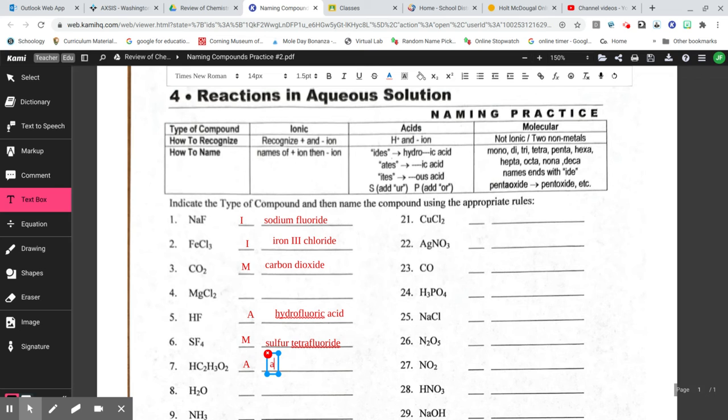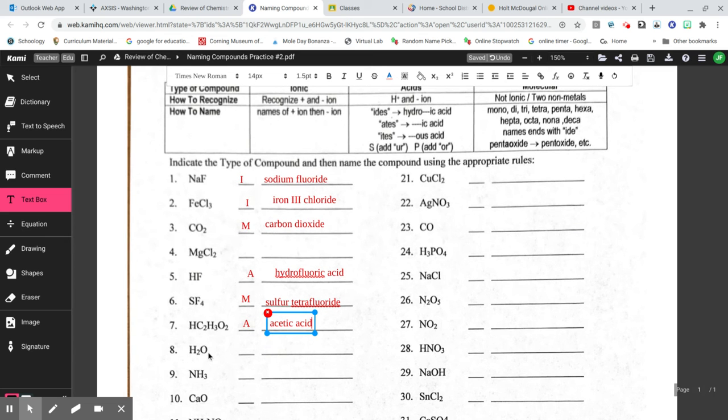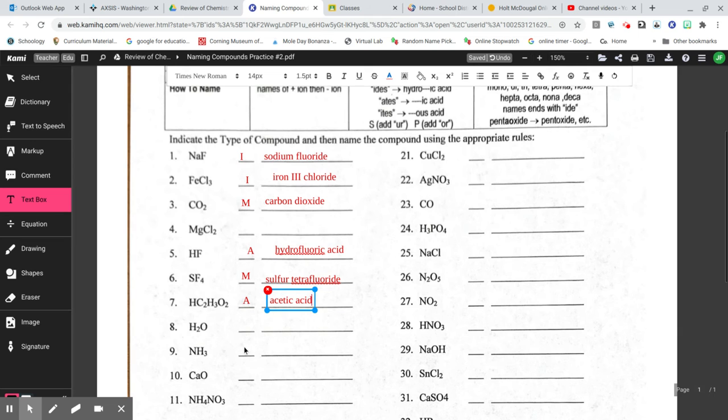So we'll have acetic acid. Okay, so instead of acetate, we change the ATE to IC to get acetic acid. Think about this one. What is its common name? What do we call that one whenever you name it?